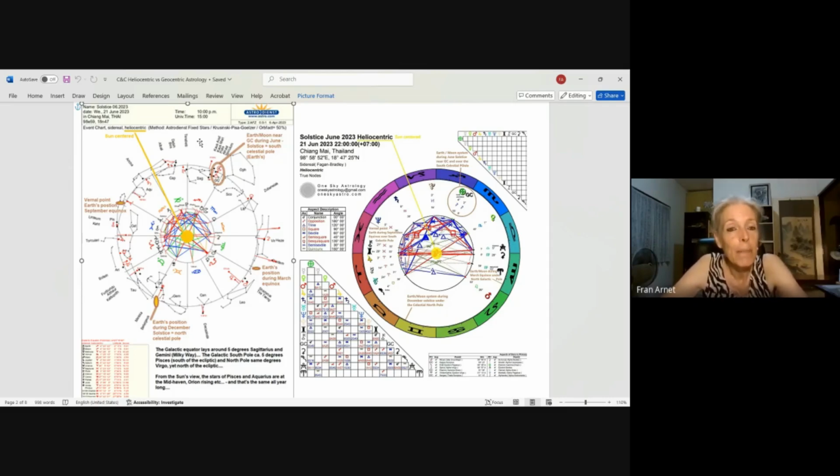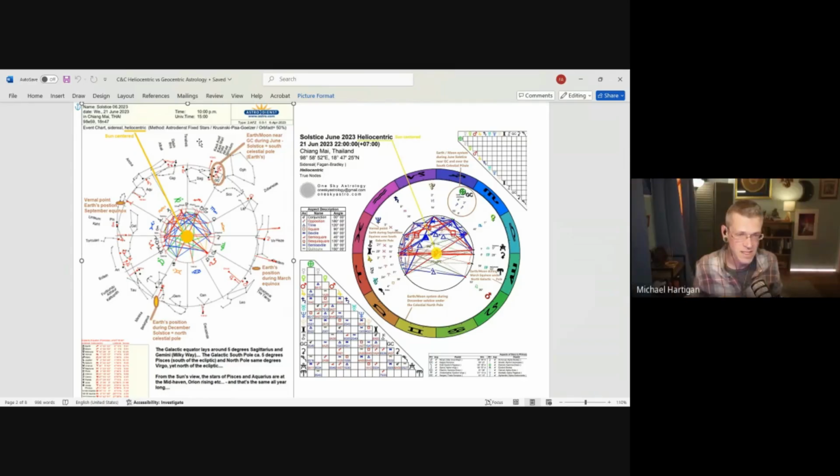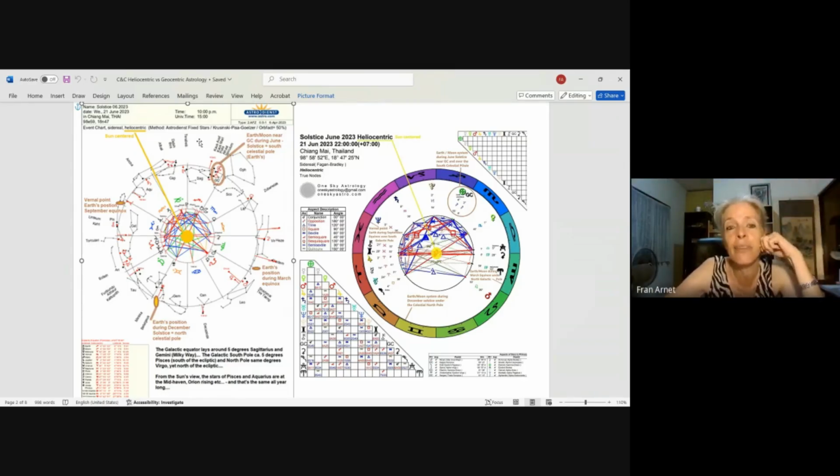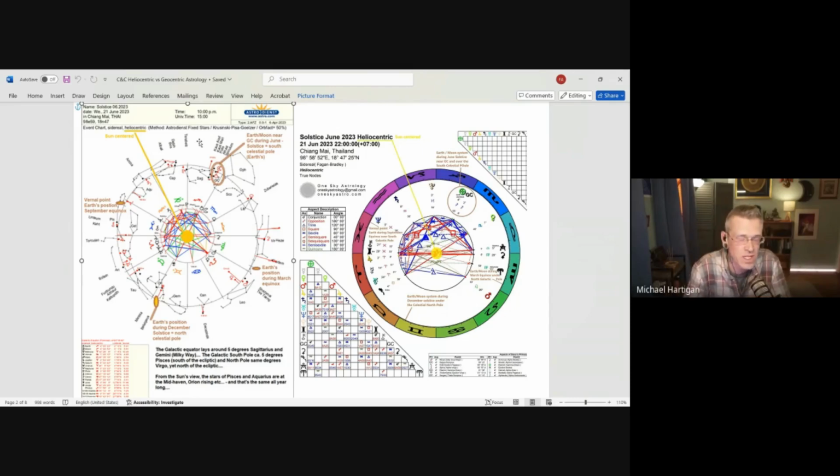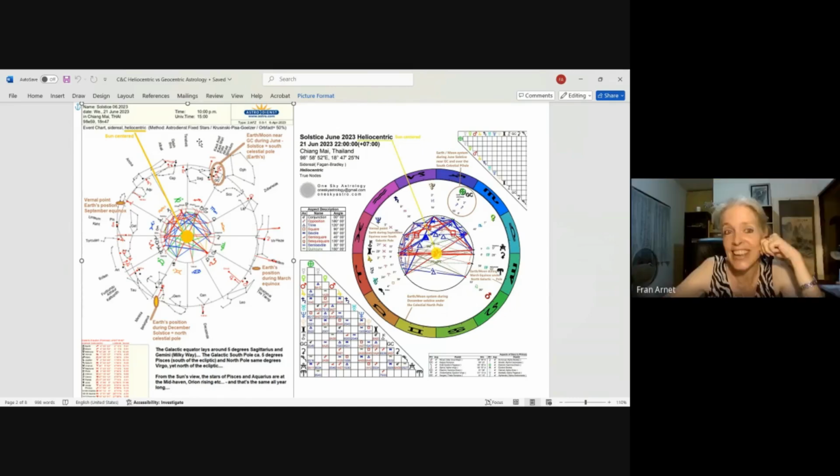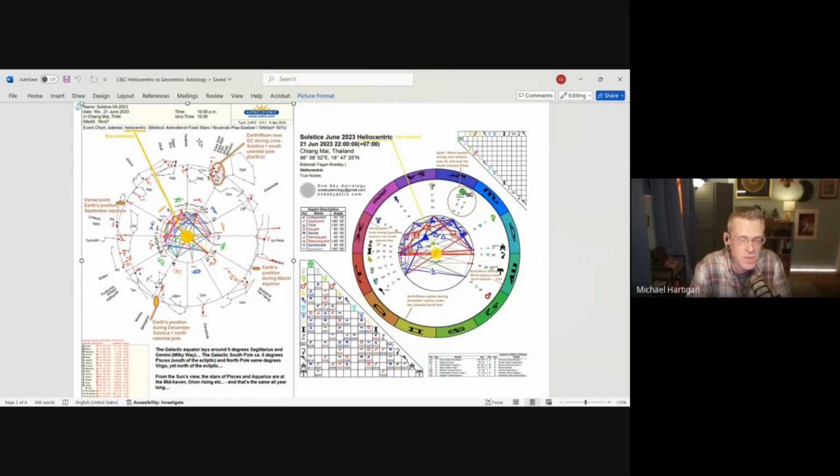When you see the Earth is on this Sagittarius side of the ecliptic, and the sun is traveling over there, then in this sense the Earth is ahead of the sun, in the direction of the apex. So we're leading the way right now, as it were, at incredible speeds.